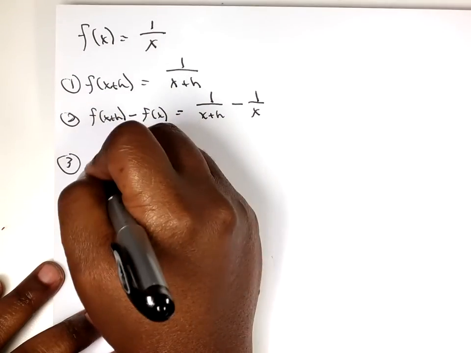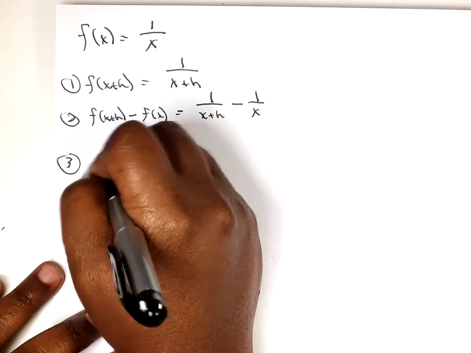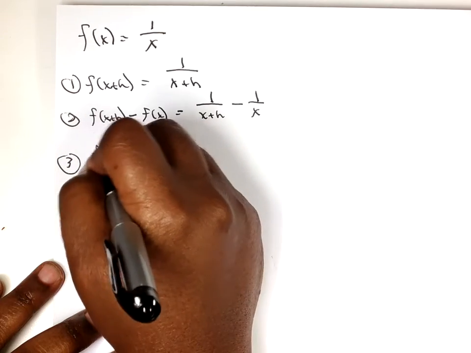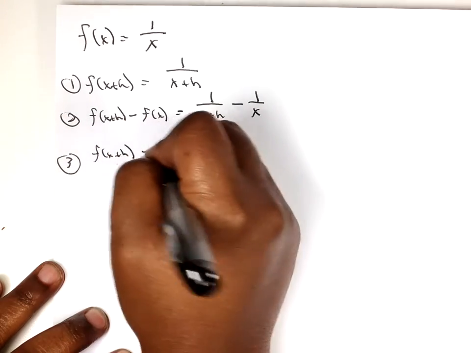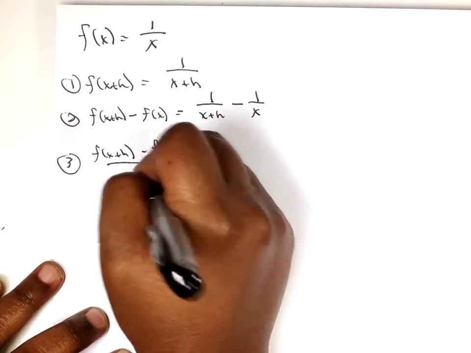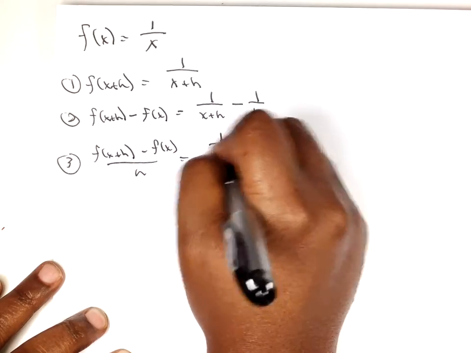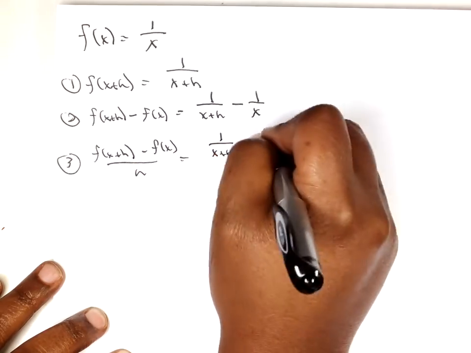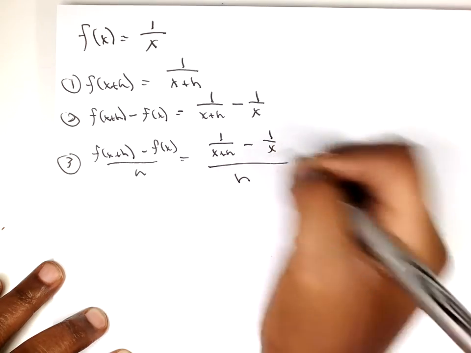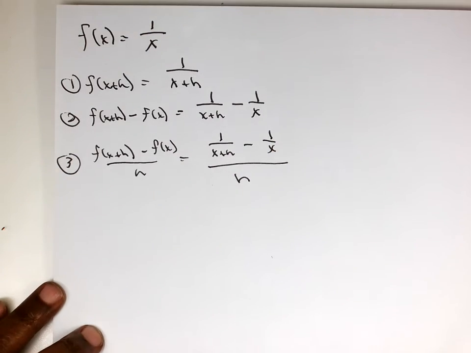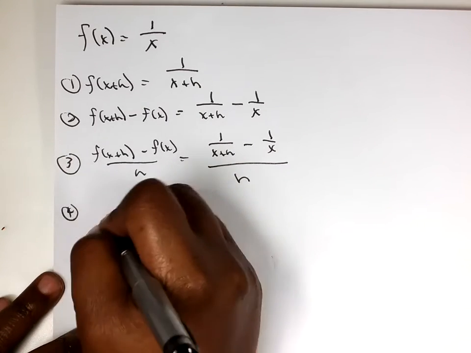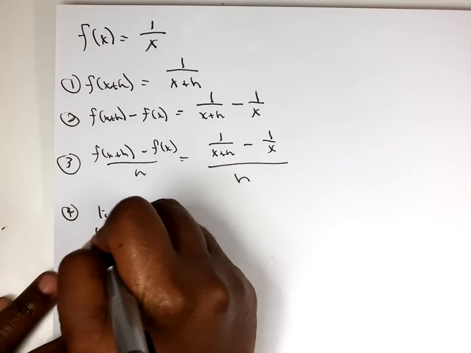And then 3, we just take what we got in 2 and put it over h. So I get 1 over x plus h minus 1 over x all over h. Okay, so now that I have all that, the last step here is to take that limit as h goes to 0.